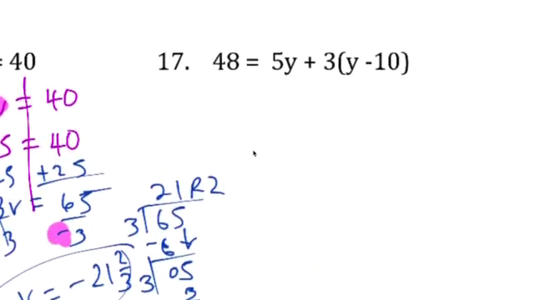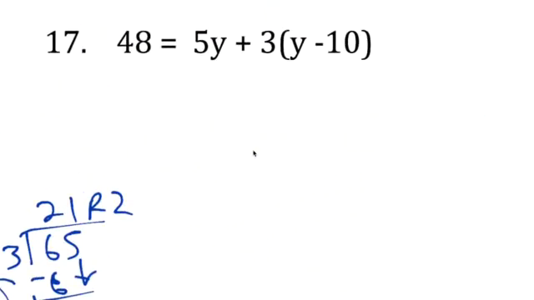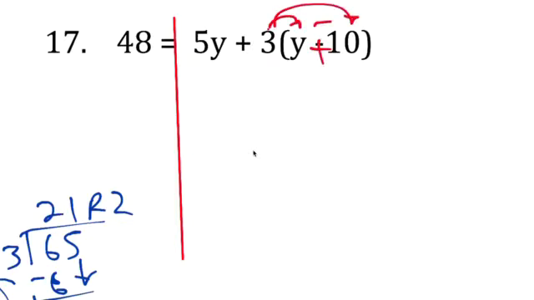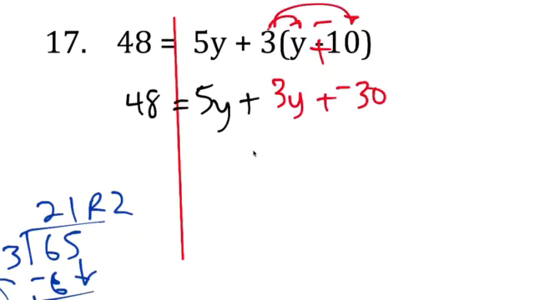Number 17. Okay, there's just additive inverse. There's a minus, so you distribute: 3y plus a negative 30. Bring down the 5y, then plus, that's the 48 equals.